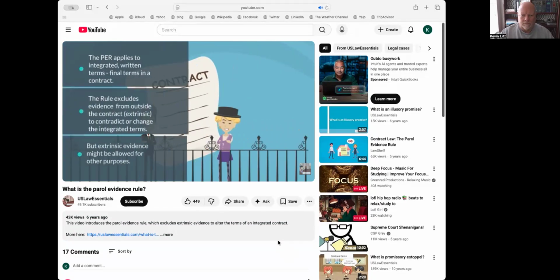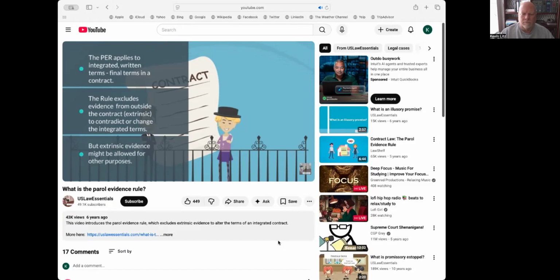More specifically, the parole evidence rule applies to so-called integrated written contracts, that is, finalized terms in a written contract. The rule excludes outside or extrinsic evidence, such as prior negotiations or discussions that would be used to contradict or change the finalized terms of the contract.